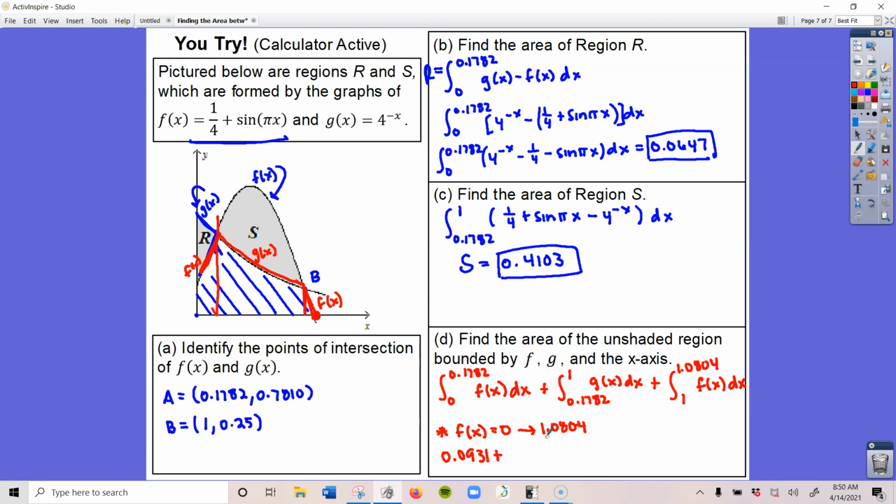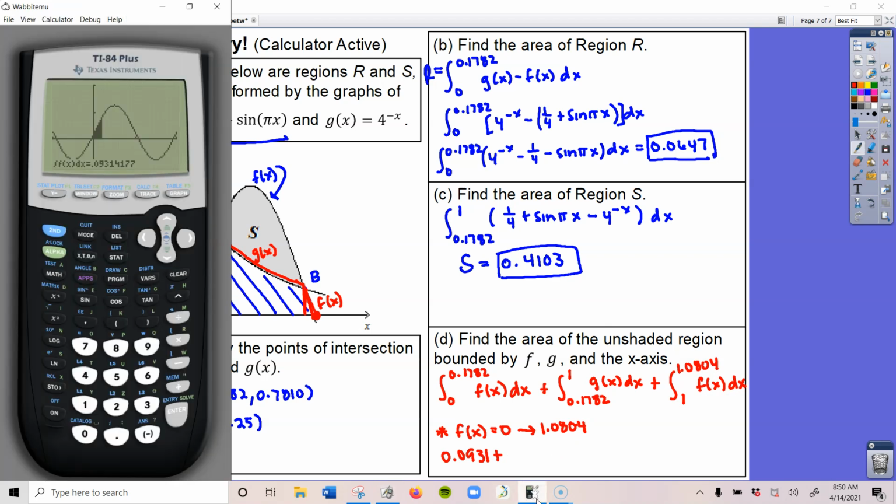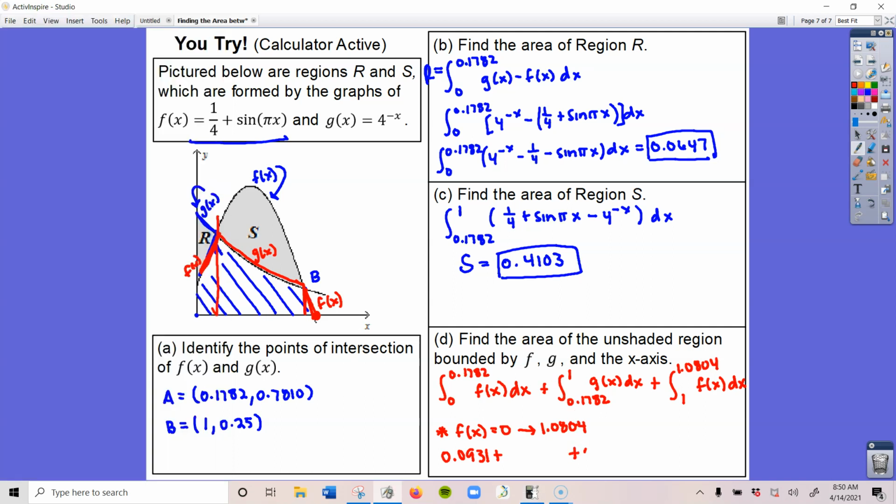Now we're going to also get this integral here since f of x is already graphed. So we go to second calc again, option 7, from 1 to 1.0804, and that's going to give me 0.0099. And I'm doing these two so I don't have to go back and forth with our graph.